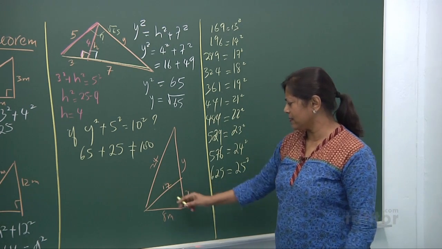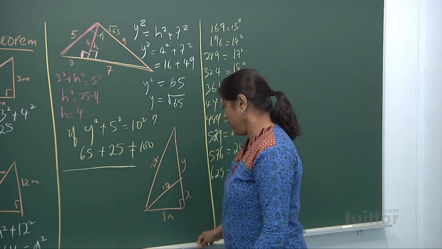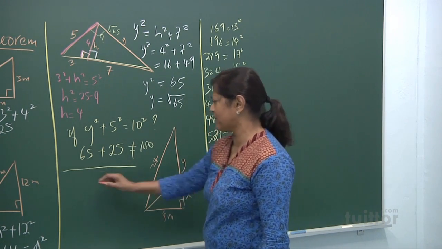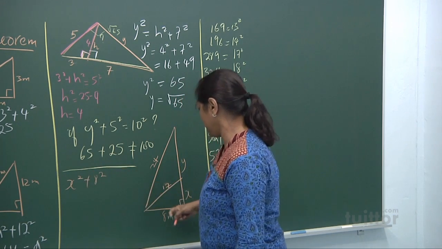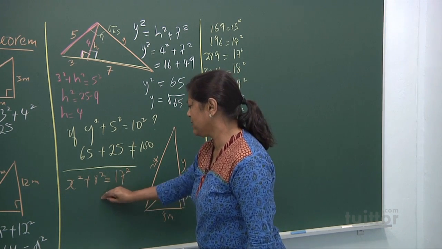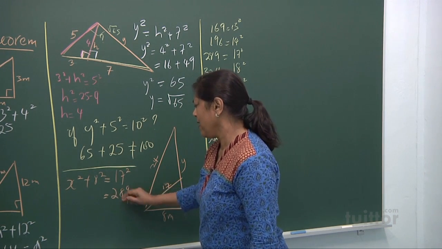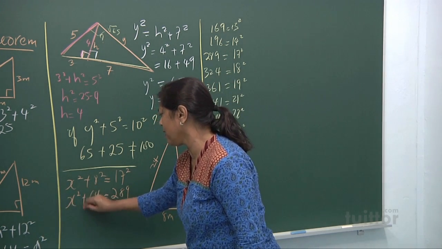Now you look at this. You want to find out what x is. We said x squared plus 8 squared is equal to 17 squared. And you know what 17 squared is: 289. And this is 64. So you have to bring that over.